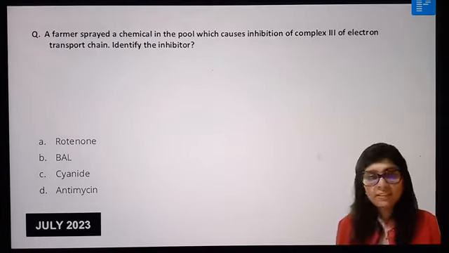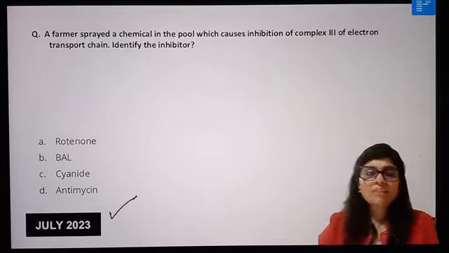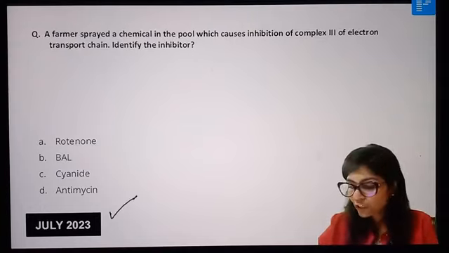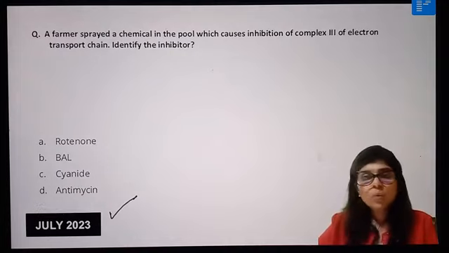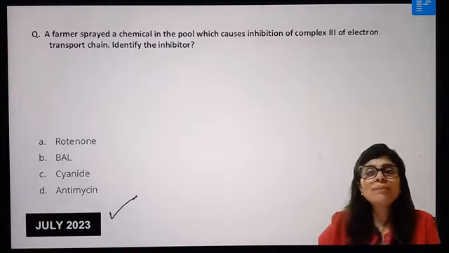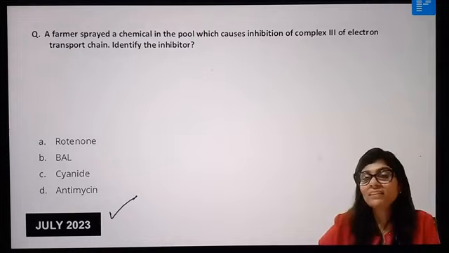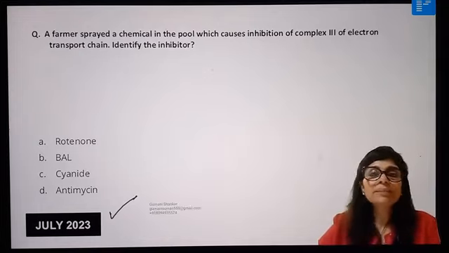This is again a previous year question, July 2023 MCQ. A farmer sprayed a chemical in the pool which causes inhibition of complex 3 of electron transport chain. Identify the inhibitor.